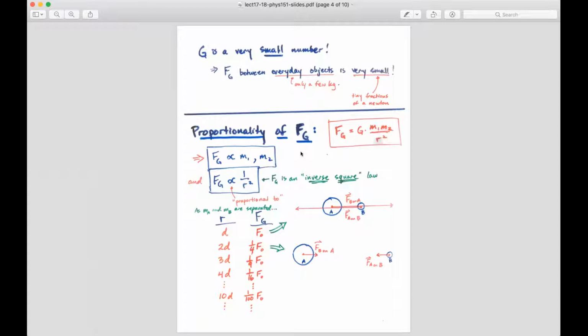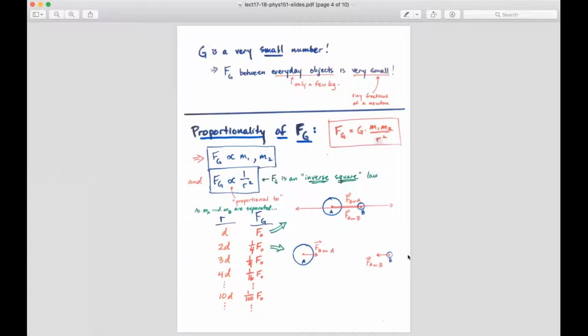Let's think about the proportionality of this equation. Notice how the strength of the force is directly proportional to each of the two masses. If I were to double one of the masses, that would exactly double the strength of the force that each of the masses exerts on each other. So doubling one of the masses would double both of the attractive forces.